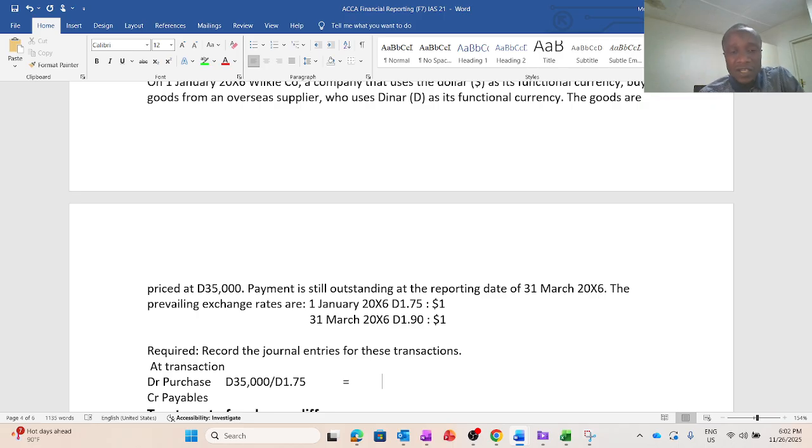So 35,000 dirham divided by 1.75. So it means we are going to record $20,000, which is equivalent to the 35,000 dirham on the transaction date. So $20,000.